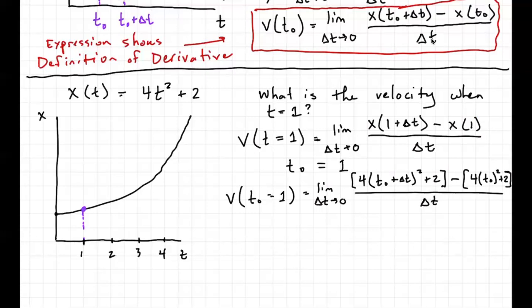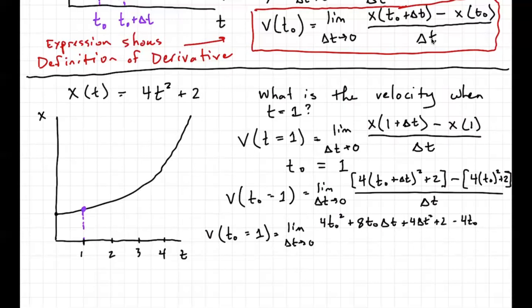Like the limit I started this video with, the trick we're going to use here is to expand it outwards. The trick in reverse, I guess. We're going to expand this outwards and see what happens. It's going to get kind of big, but it will then get small after that. So on the top, if I expand out terms, I've got 4 t naught squared plus 8 t naught delta t plus 4 delta t squared plus 2 minus 4 t naught squared minus 2.